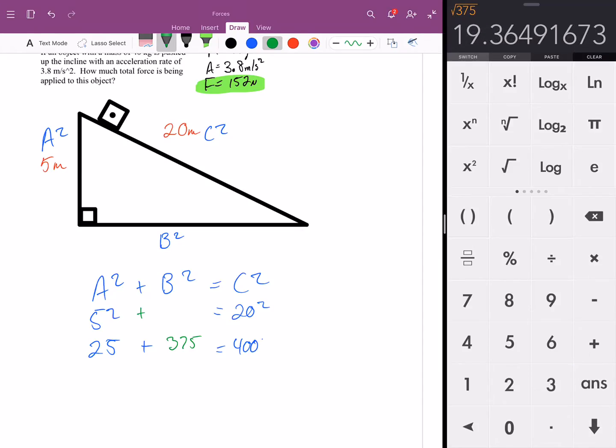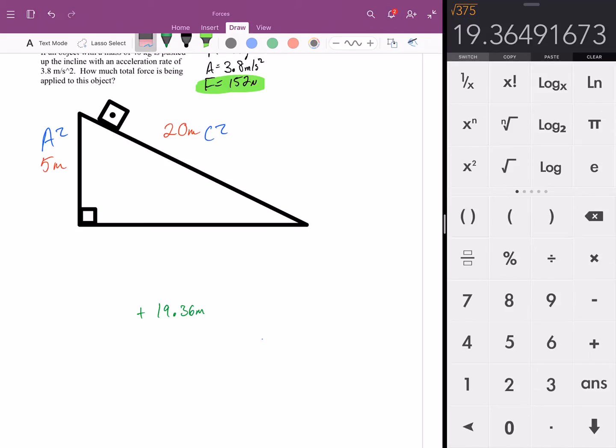So assuming that b is 19.36 meters. So let's erase this a little bit. It's going to be a bunch of math right here. 19.36 meters.